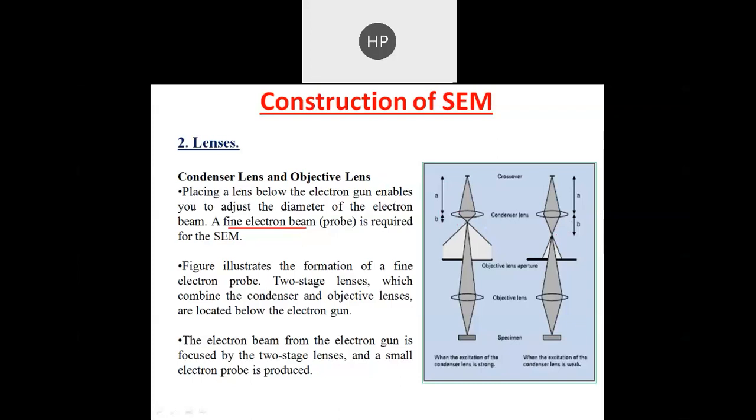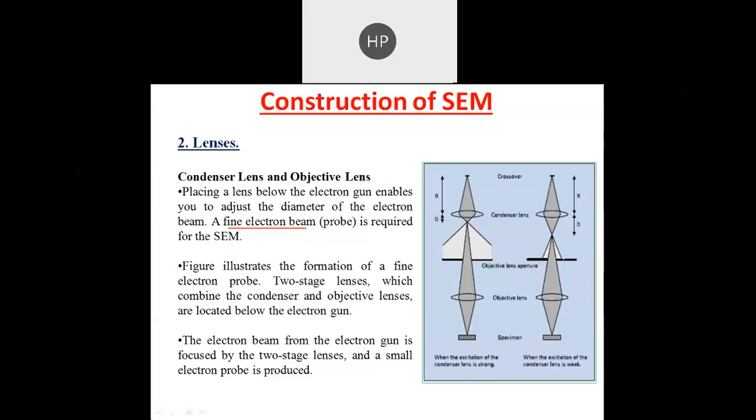That's a major difference. Here you can find the distance of B here, and the distance of B over here. So this condenser lens is important, and based on that you can see the area which is covered like this, while here the area will be very small.